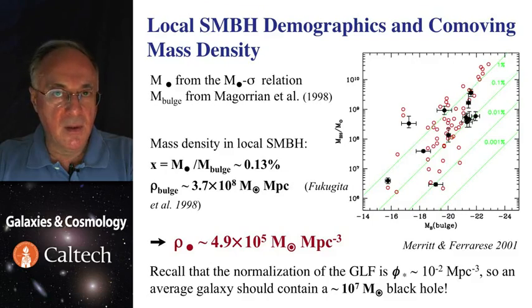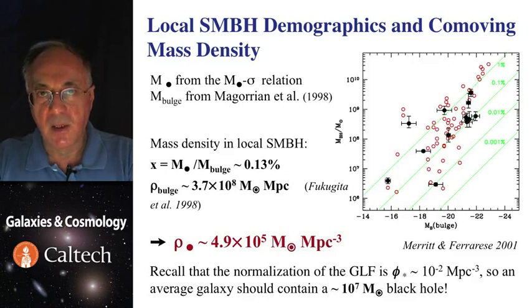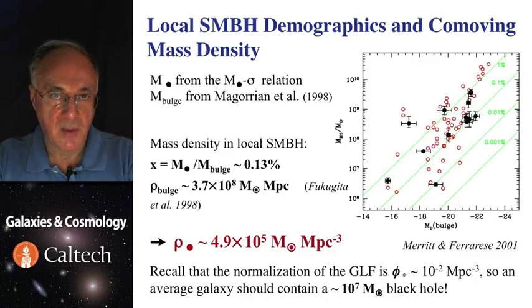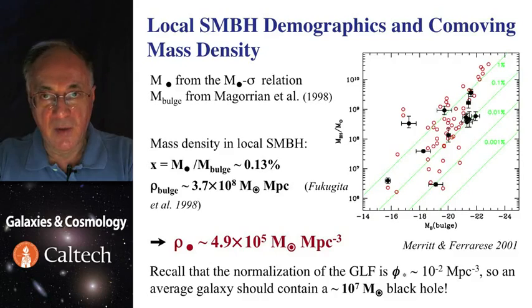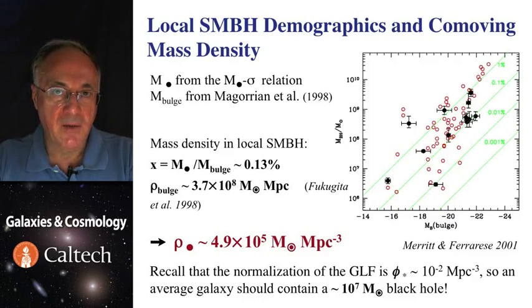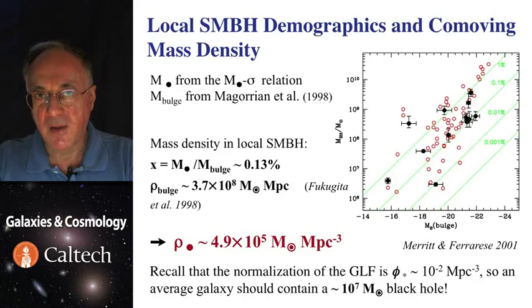So this can be compared directly to the measurements from kinematics and census of supermassive black holes in galaxies, and we find out that the two agree very well. And they correspond to the local average black hole density of about 500,000 solar masses per cubic megaparsec, which is about 3 orders of magnitude less than mass density of stars.